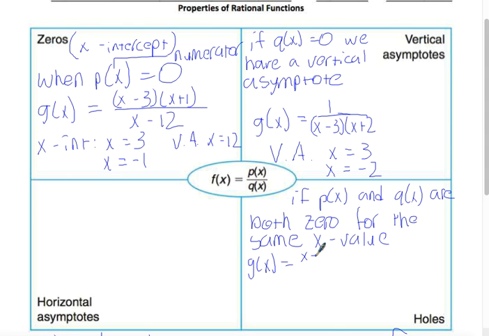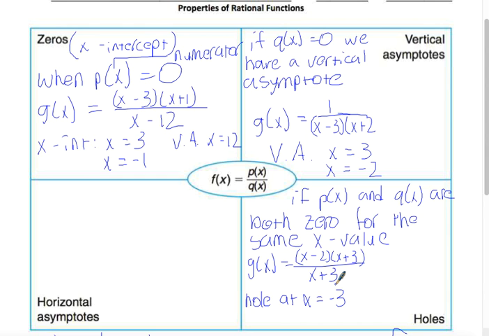So I have x minus 2 times x plus 3 divided by x plus 3. This graph would have a hole at x equals negative 3, because that's the factor that would divide to 1 here.